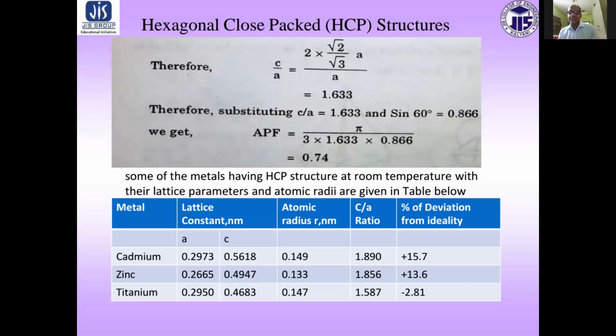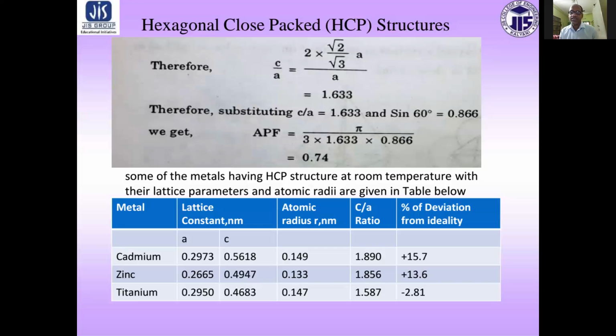For zinc, the lattice constants A and C are respectively 0.2665 and 0.4947 nanometer. The atomic radius is 0.133 nanometer.